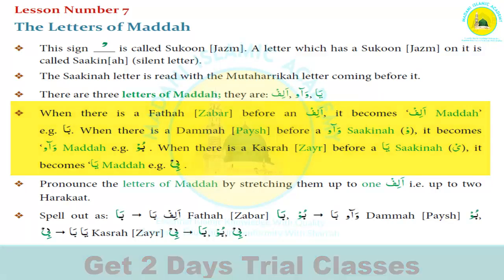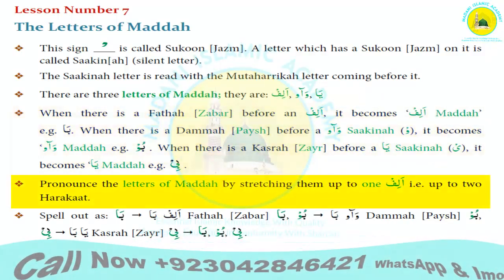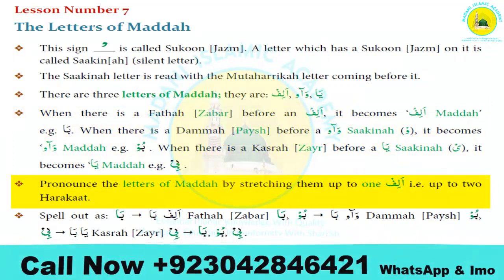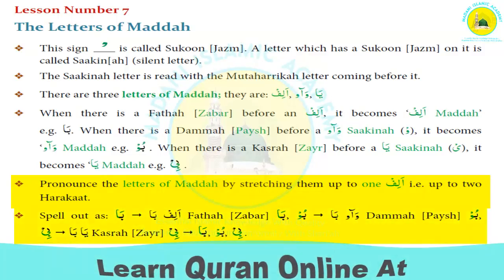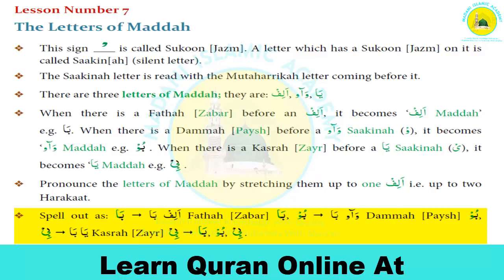Now, pronounce the letters of madda by stretching them up to 1 alif, i.e. up to 2 harakat. So for example, we have a ba zair, b.